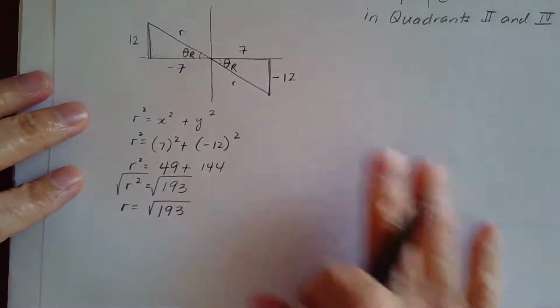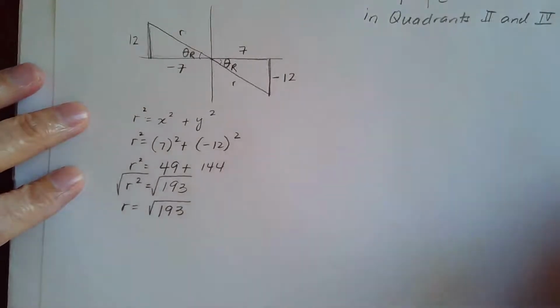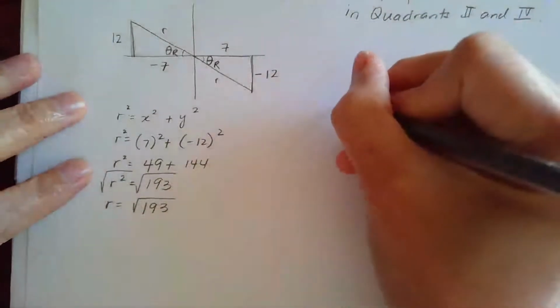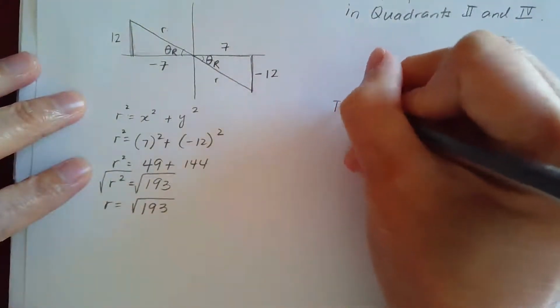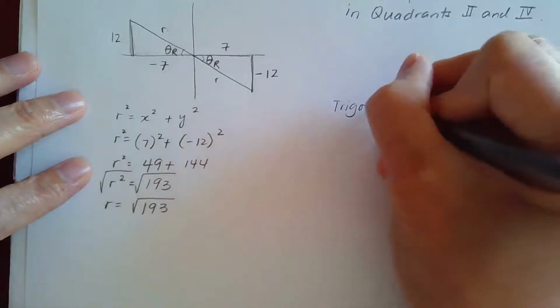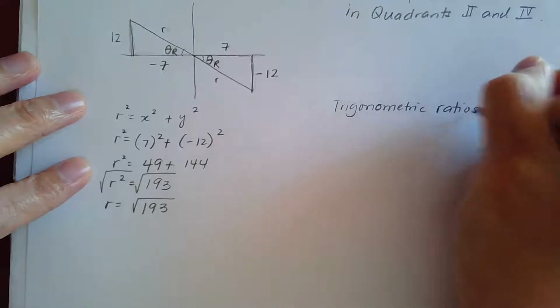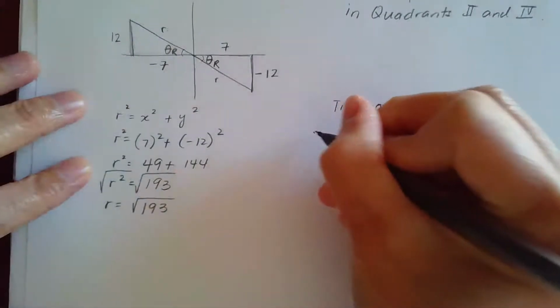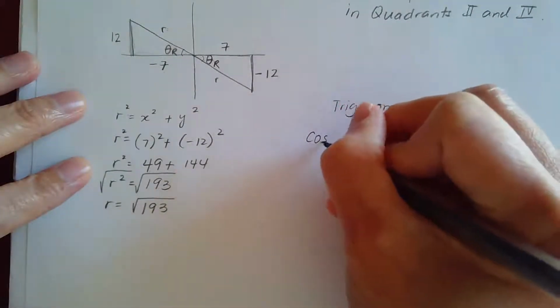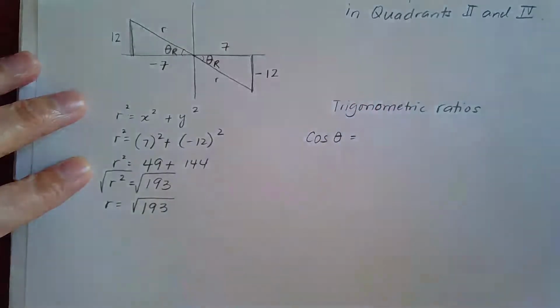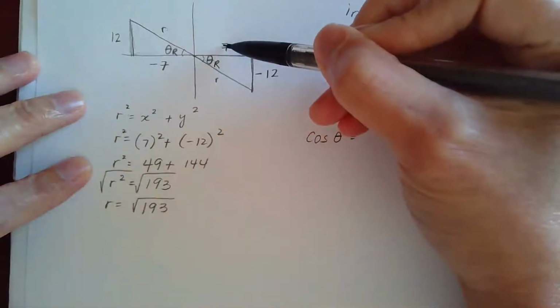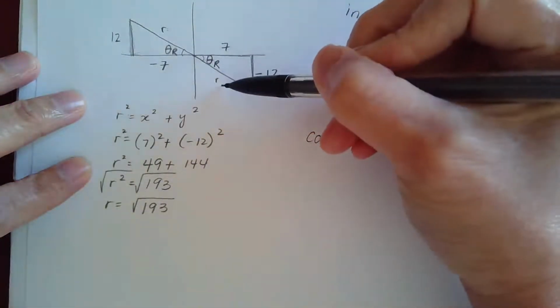So we're going to write down the trigonometric ratios. Cosine theta is adjacent over hypotenuse.